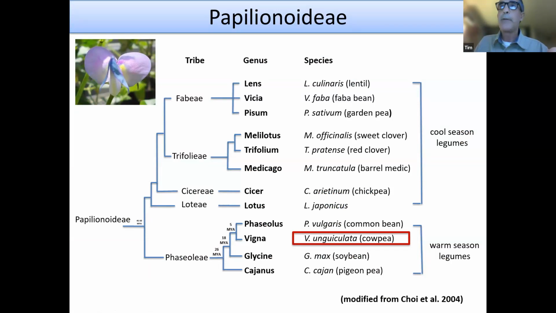It is in the subfamily Papilionoideae and the tribe Phaseoleae, which encompasses several other warm season legumes, including, as shown here, common bean, soybean, and pigeon pea. And there are numerous other warm season Vigna species, such as mung bean, adzuki bean, bambara groundnut, moth bean, and numerous others.